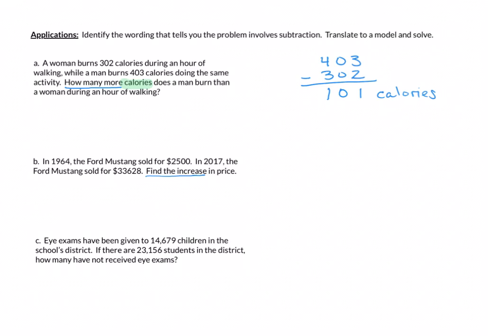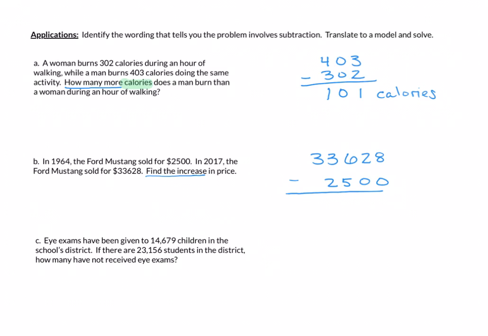The first thing I want to do is put my larger number on top. So this is going to be 33,628 minus 2,500. Again, make sure that you push the 2,500 over to the right so that your ones columns line up. And then we go ahead and subtract starting on the right.